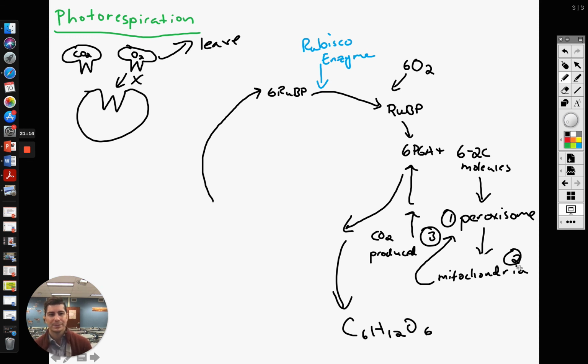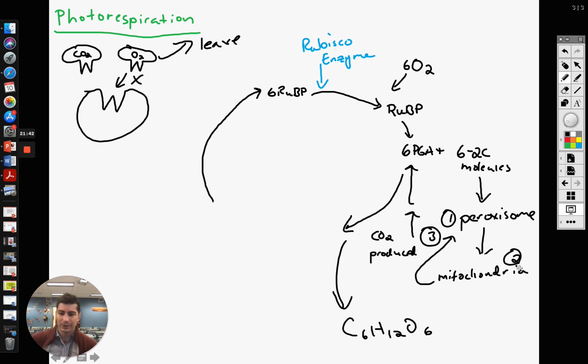Wouldn't you rather just be given something than, oh my goodness, I got to form my own stuff? The downside of this is it takes a lot more energy for the plants to go through photorespiration instead of it just having that carbon dioxide, all right? Will the system still complete itself? Yeah, it will. It's just, again, a lot more energy.